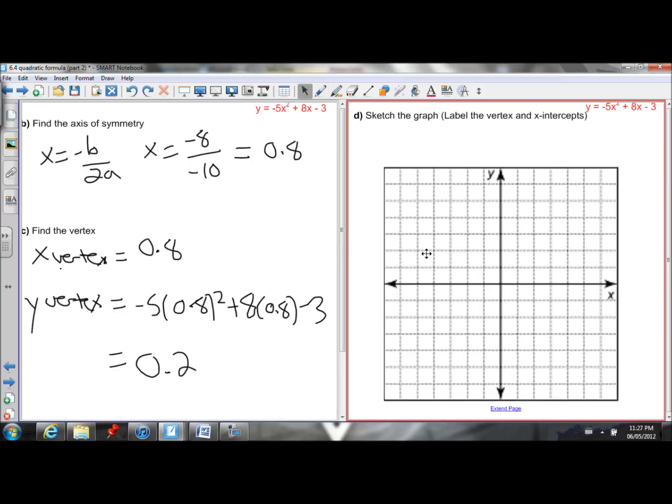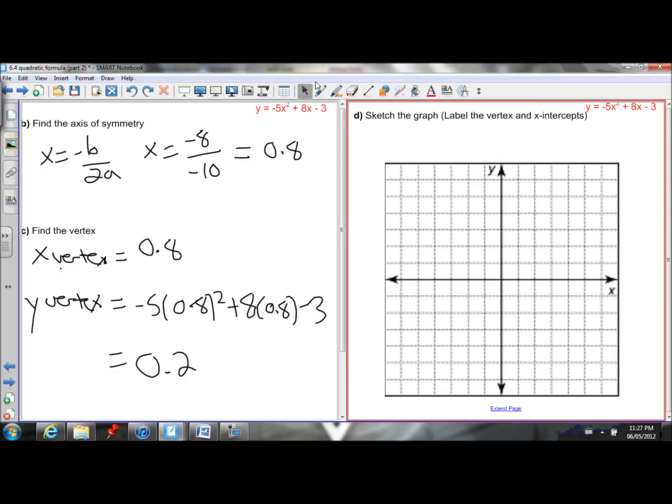Okay, so I know my vertex is at 0.8. I'm going to make my scale go by 0.2 to make it all fit on here nicely, so it'll be spaced out. So choose your scale appropriately. I'm going to make my scale go by 0.2 vertically and horizontally. So if my vertex is at 0.8, 0.2, I'm going to go 0.2, 0.4, 0.6, 0.8, and then up 0.2. There's my vertex.